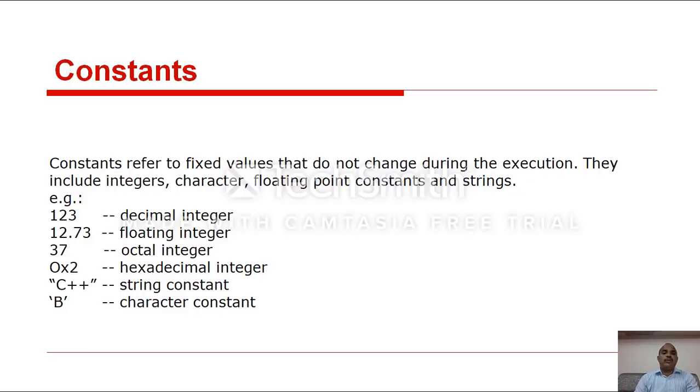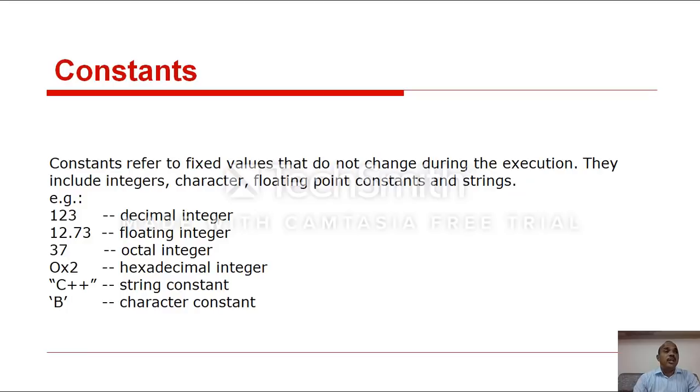Here constants refer to fixed values that do not change during execution. They include integer, character, floating point constants, and string constants. Examples: 123 is a decimal integer, 12.73 is a floating point constant, 037 is an octal integer, 0x2 is a hexadecimal integer. Next, C++ is a string constant, whereas B is a character constant.